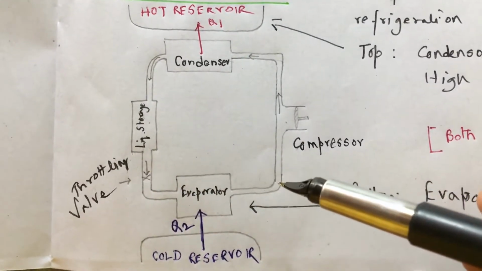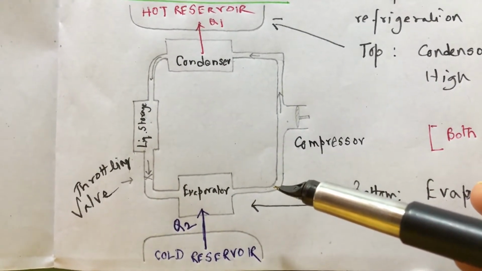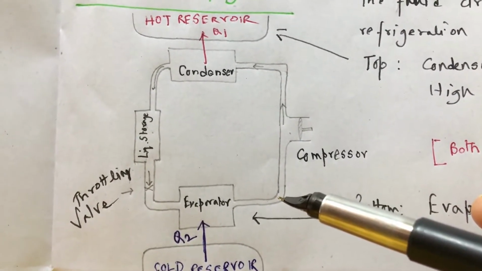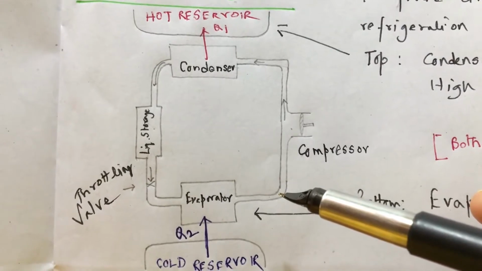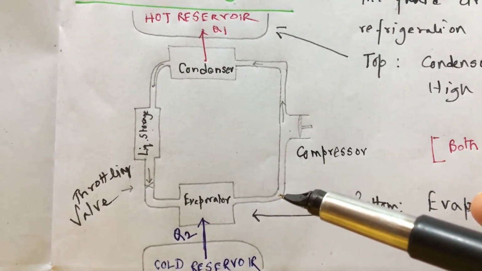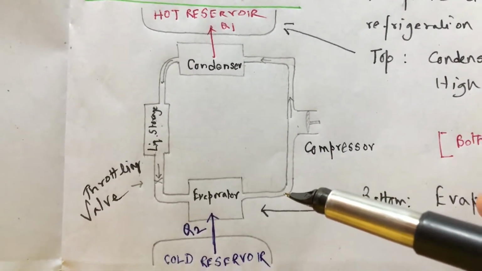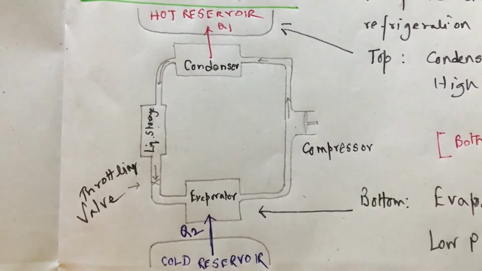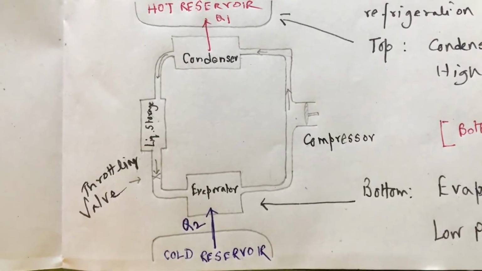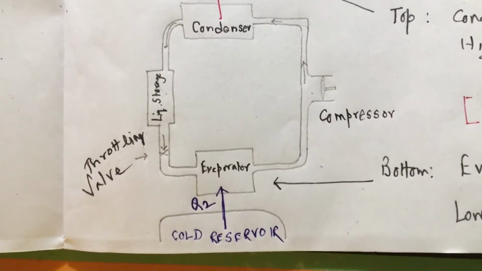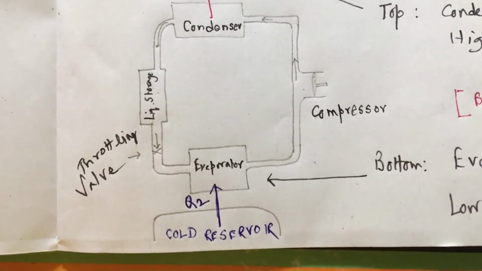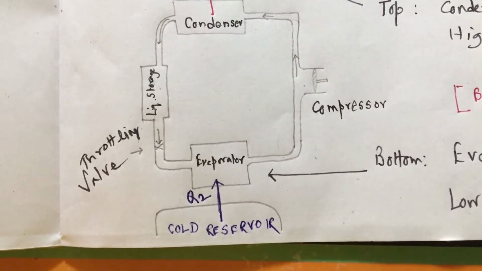Now as the fluid expands, as a result of expansion, it cools considerably, so that the fluid in the evaporator coil is colder than its surrounding. So it absorbs heat from the cold reservoir, and the amount of heat absorbed from the cold reservoir is Q2.